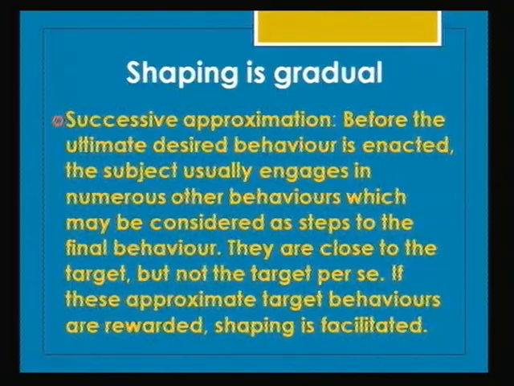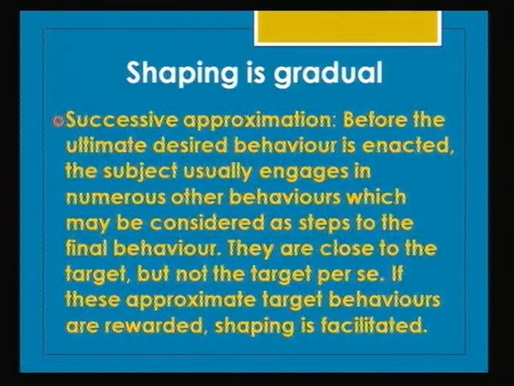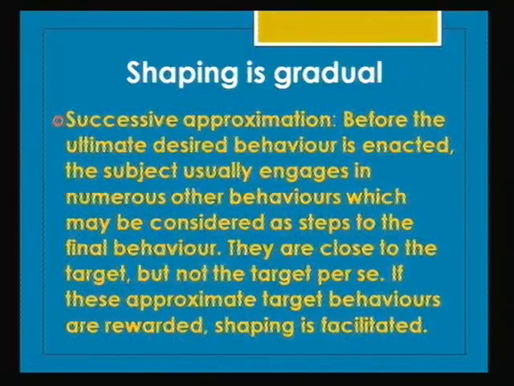We are closer to our goal, to our target. So before the ultimate desired behavior is enacted, the subject, the organism, engages in other smaller behaviors which may be considered as steps to the final behavior.